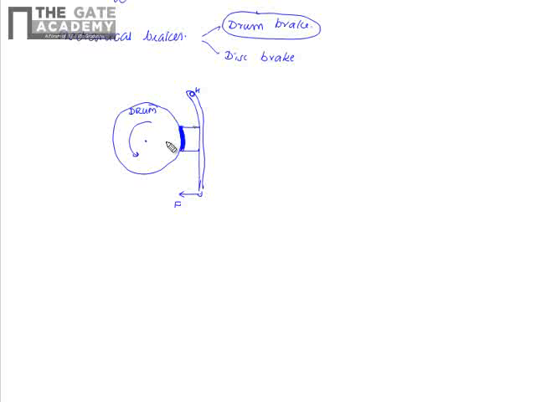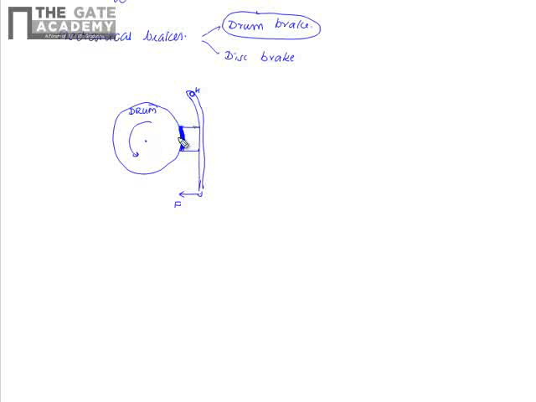Now, the actuating force applied on the shoe gives rise to a normal contact pressure. That is, when I apply a force here, this will result in a normal contact pressure over this much area, and a corresponding friction force is developed between the stationary member and the rotating body, because when the normal force is acting on a body and one is stationary and one is rotating, because of this normal force a friction force gets generated, and the friction force will be given by the coefficient of friction times the normal reaction.